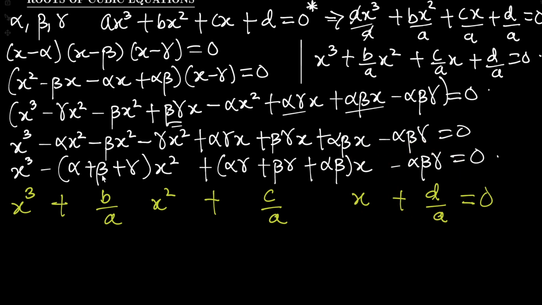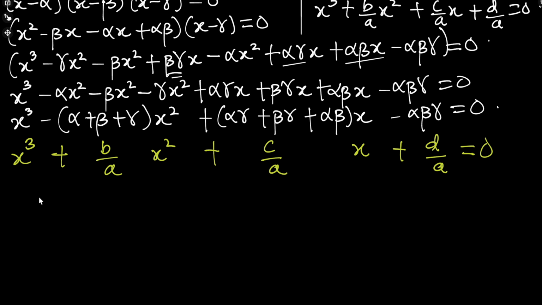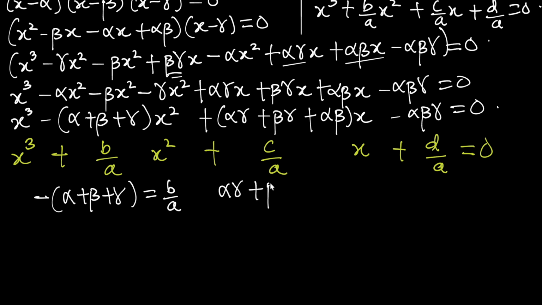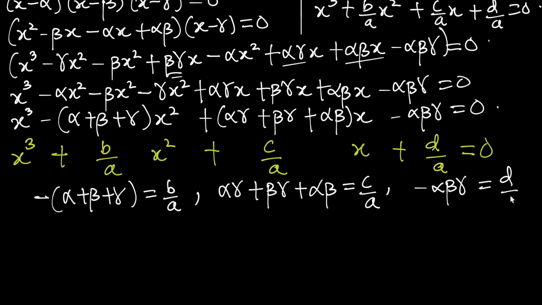When we compare, we can see that negative (alpha plus beta plus gamma) can be compared to the x squared coefficient we have here, which is b over a, and alpha gamma plus beta gamma plus alpha beta is equal to c over a, and lastly negative alpha beta gamma equals d over a.